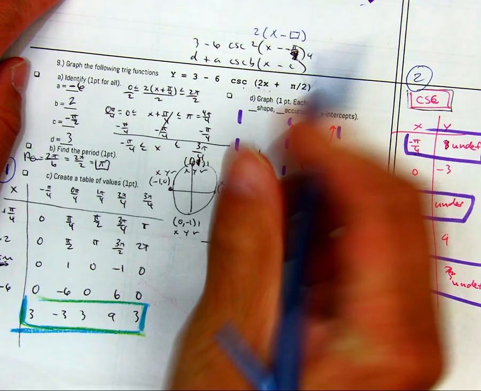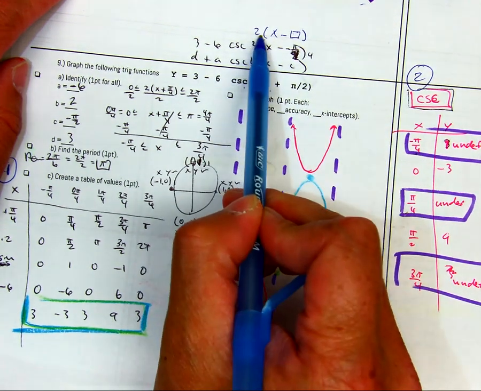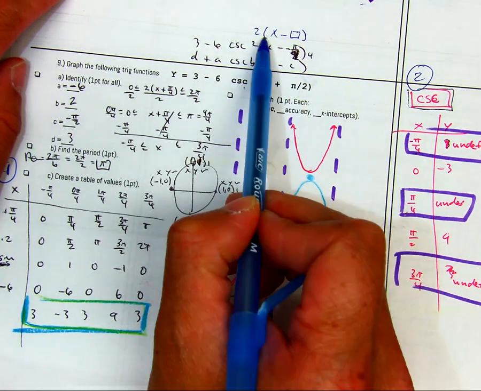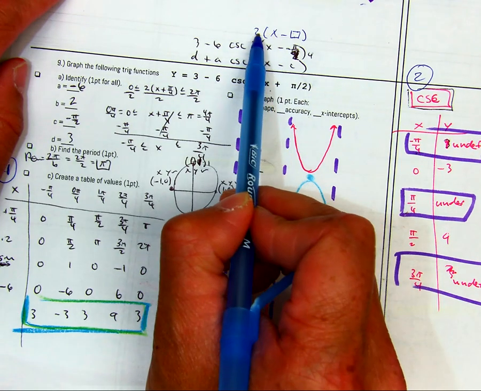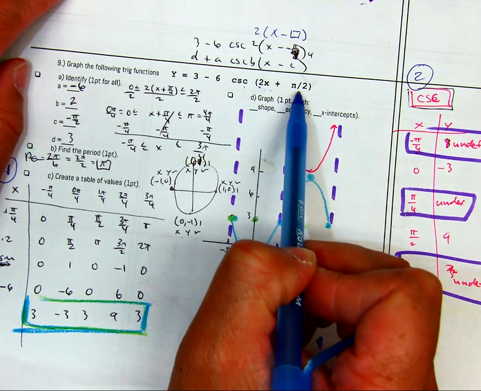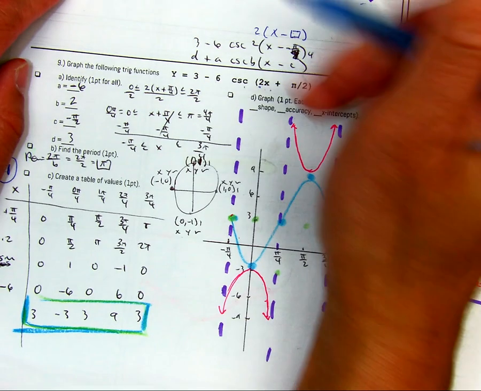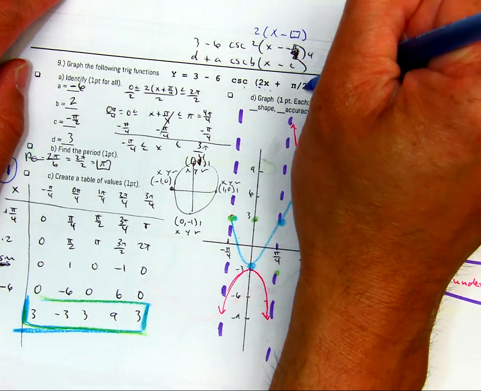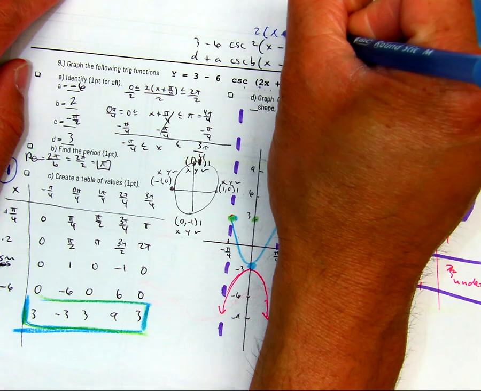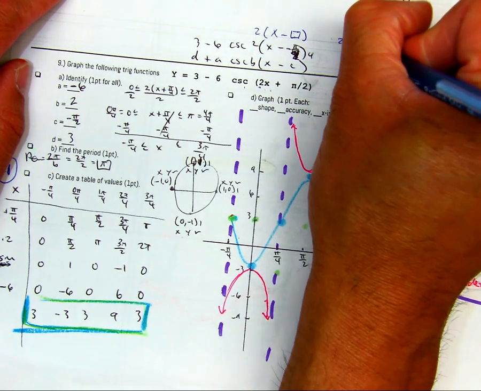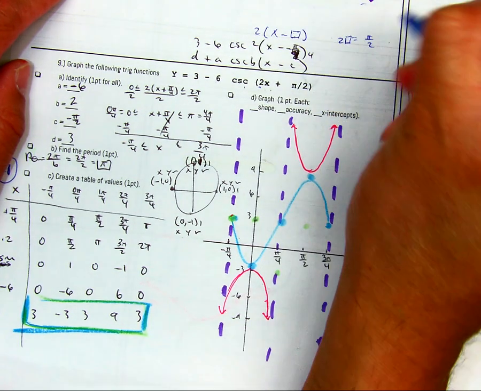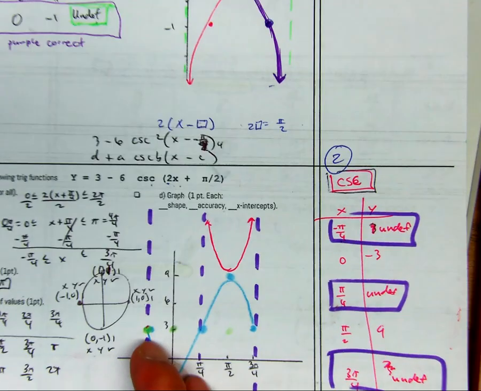So this is what I like to do if you can't figure out what the c value was. So the box is 2 times the box is going to equal, put a plus sign there if you wanted to, pi over 2. So 2 times the box is pi over 2. So I'm trying to help you figure out how to factor here.